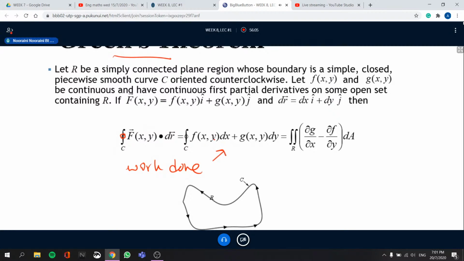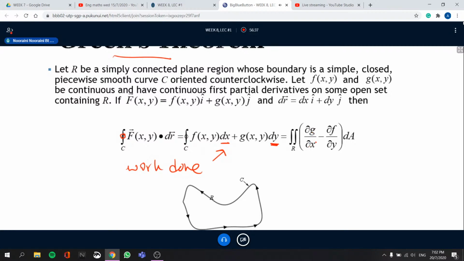The work done, F dx plus G dy, is equivalent to a double integral over your region R. How do you know which one is F and which one is G, since both are functions of x, y? G is where you have the dy, and the one with the dx is your F. It is equivalent to the double integral over your closed region R, differentiating your G.